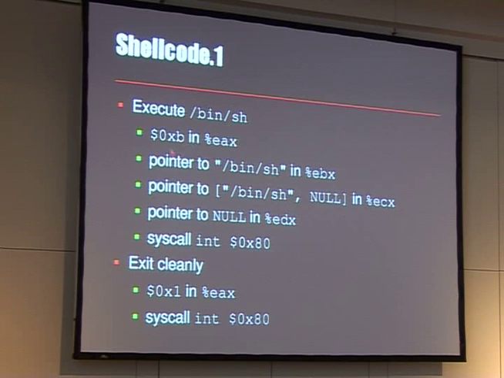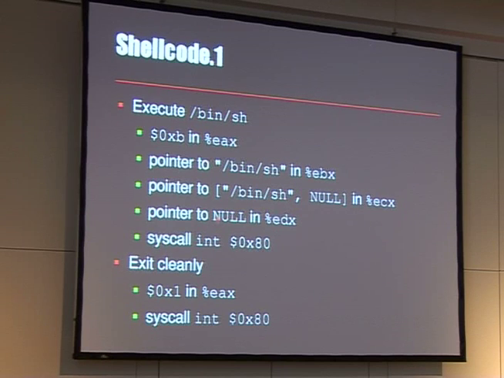You will have the value 0xB in the EAX register. It's just what you find from the disassembler output we just had there. And we will need a pointer to the string /bin/sh in EBX. You will have to have a pointer to an array that itself has a pointer to the shell string and a null, in ECX.